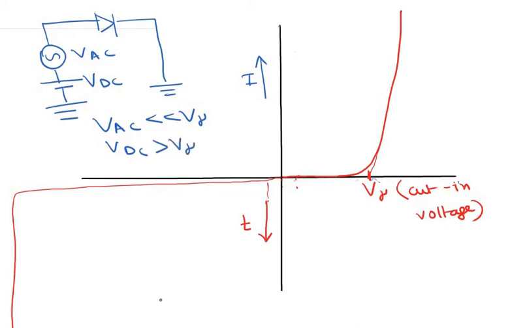Okay, so VDC is greater than V gamma. Let us assume that V gamma lies somewhere here, and VDC lies somewhere here. This point is V gamma, and VDC lies somewhere at this point, greater than V gamma. So this point is VDC.